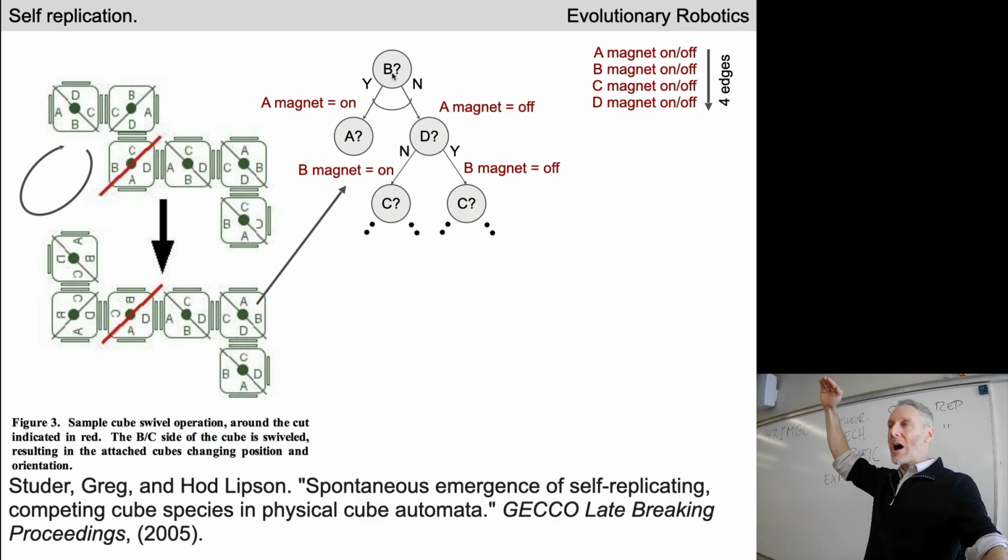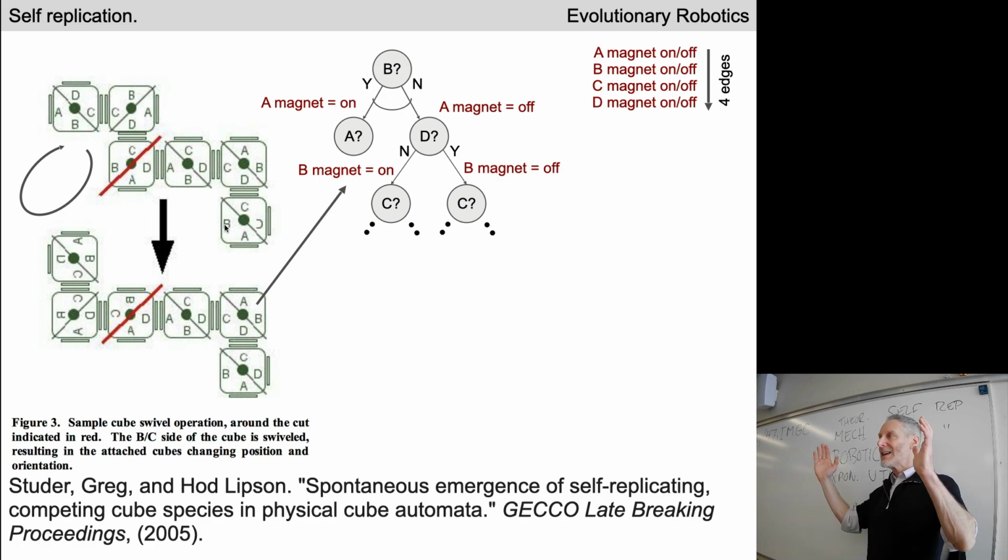As we start at the top of this tree and move down through this tree, as we visit each of the 4 levels, that level is going to tell us whether or not to turn magnet A on or off. Remember that we're dealing with squares. Each square has 4 sides. Each of these 4 sides has an electromagnet attached to it. And these magnets can be on or off.